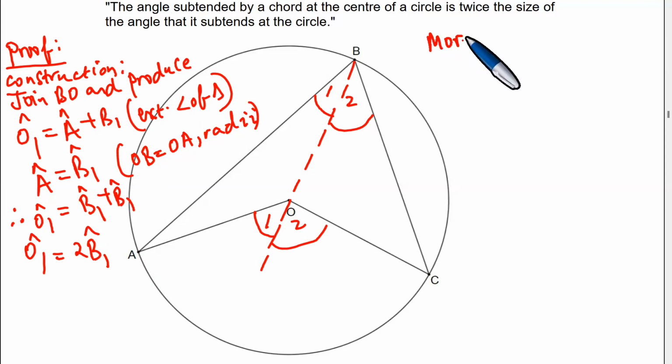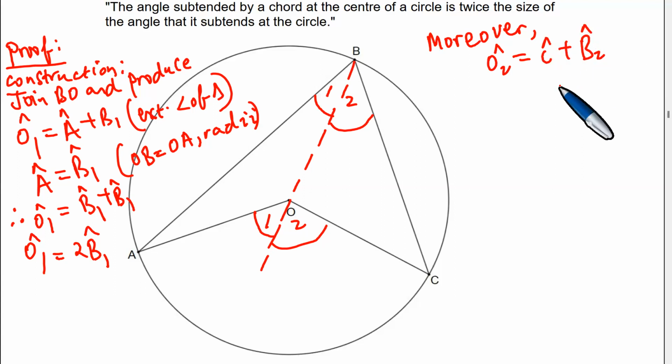Moreover, what do we have? Angle O2 is angle C plus angle B2. Why is angle O2 equal to angle C plus B2?